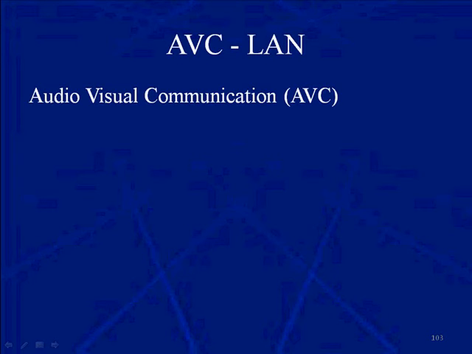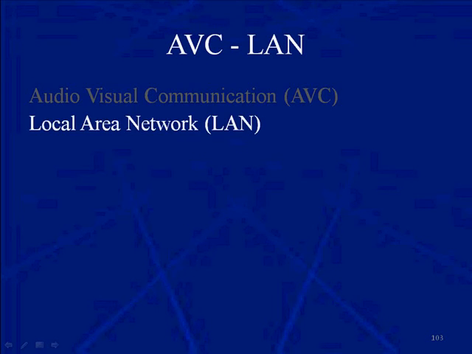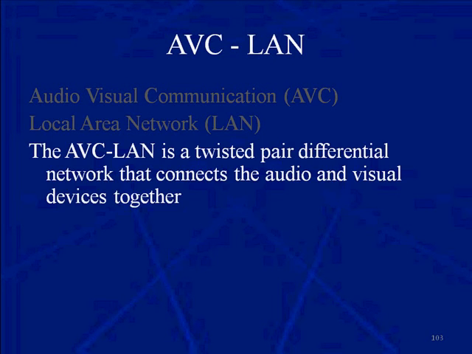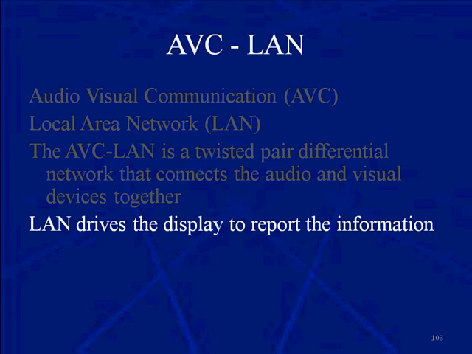The AVC-LAN is the audio visual communication. It is a local area network for the LAN section. The AVC-LAN is a twisted pair differential network that connects the audio and the visual devices together. It basically is for anything that's audio or visual, and that means the information system on the dashboard.